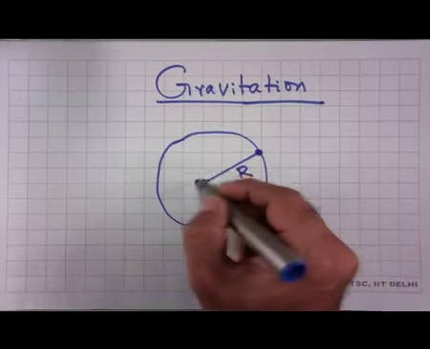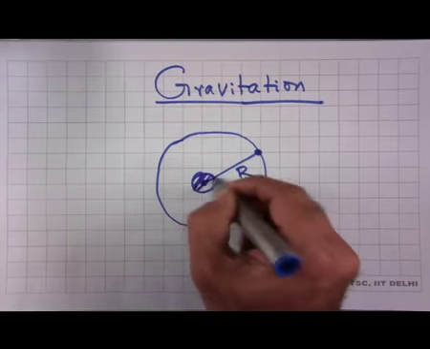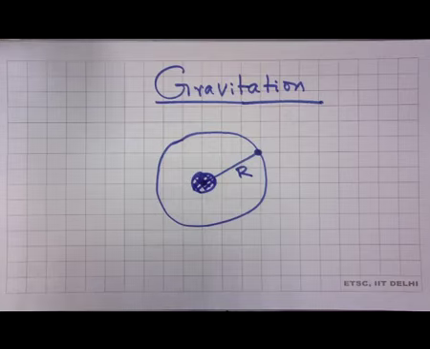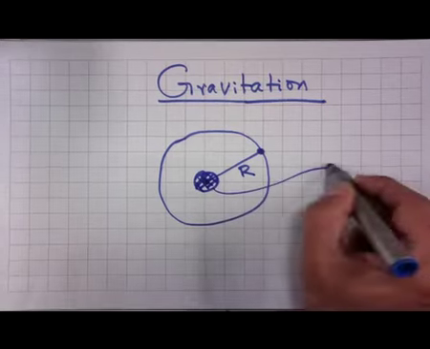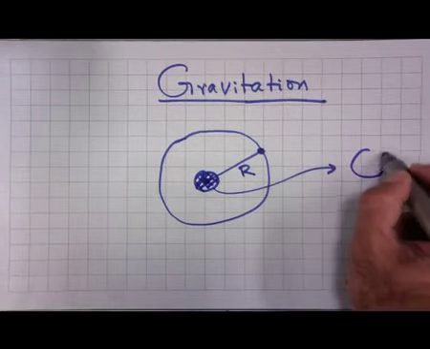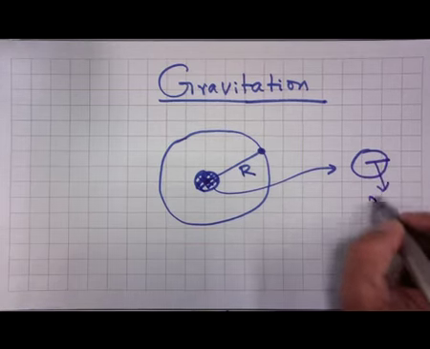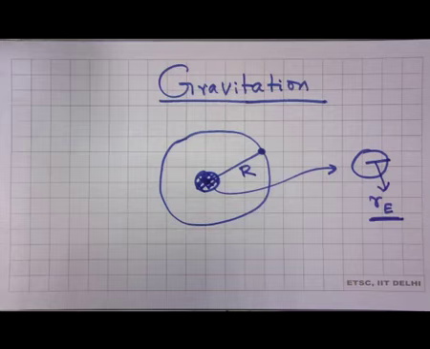Now, in order to illustrate, I will magnify the size of the Earth. So, I am going to bring it here and illustrate it here, and I will show the radius of the Earth to be RE. Therefore, we have two scales here.